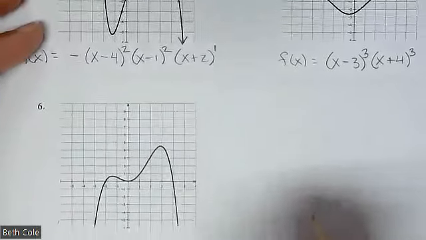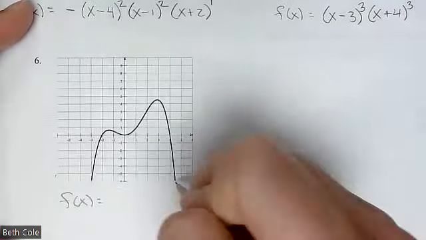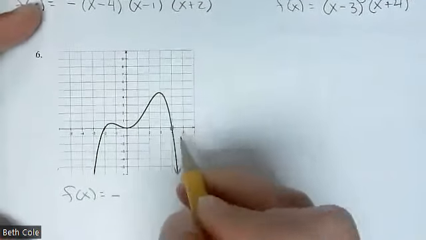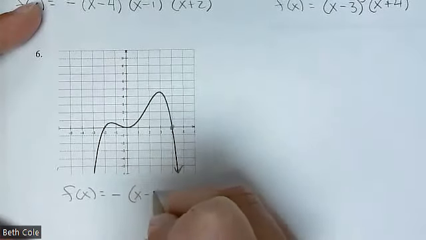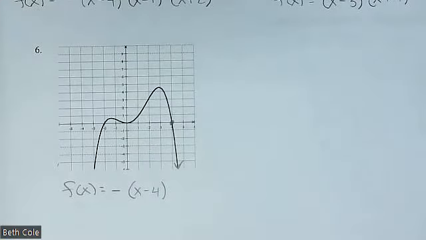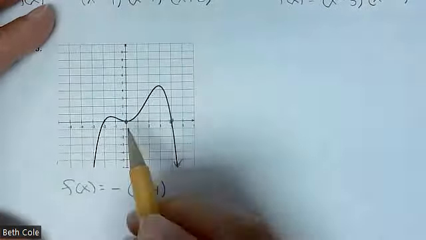All right, and then last one, do I need a negative on this one? Yes, going down on the right side, so negative. My first 0 is at 4, x minus 4. It's going straight through, so you can put a 1 or just nothing. Now this one's a little tricky because where's the next one? 0.